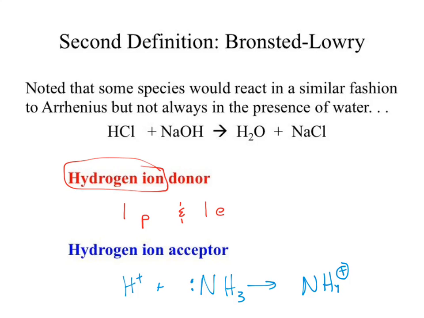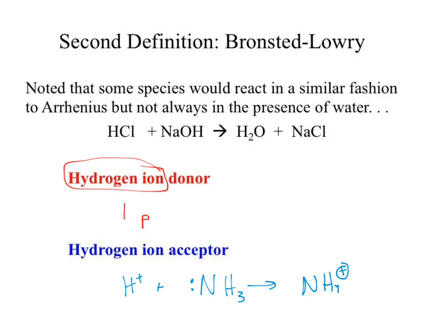It can't be neutral because it's an ion. Plus or minus? Plus. How do we make a hydrogen ion positive? Taking away the electron. We need to ditch the electron. If we get rid of the electron, what's left?